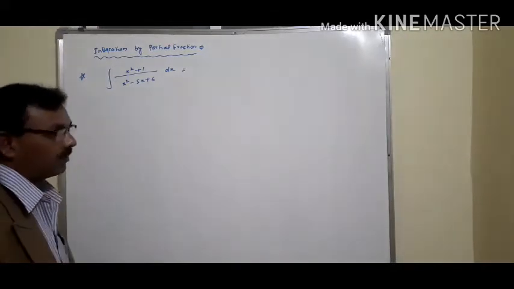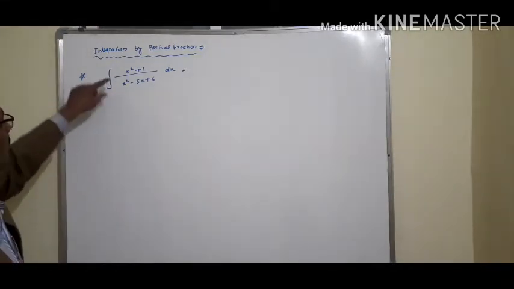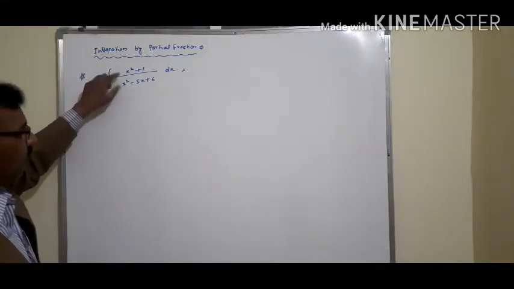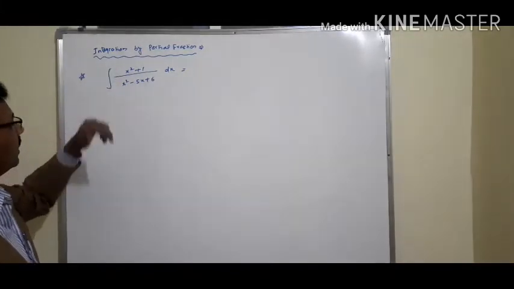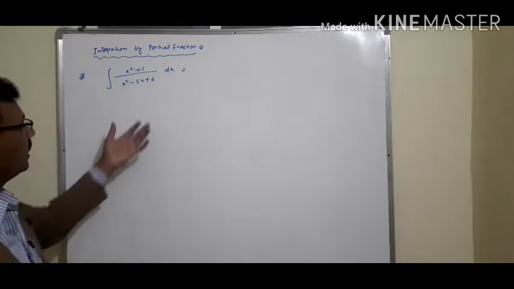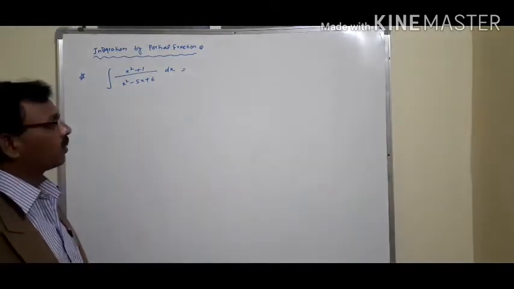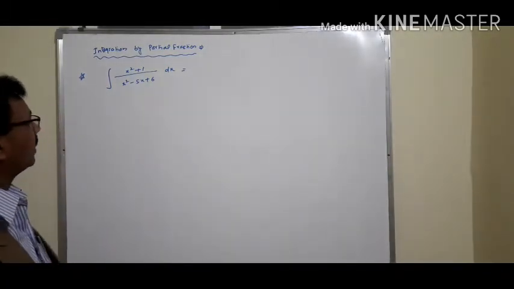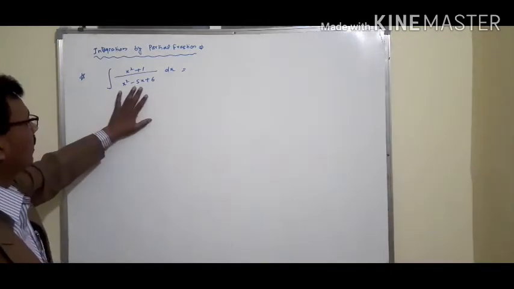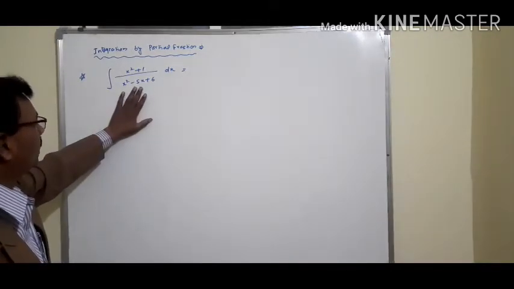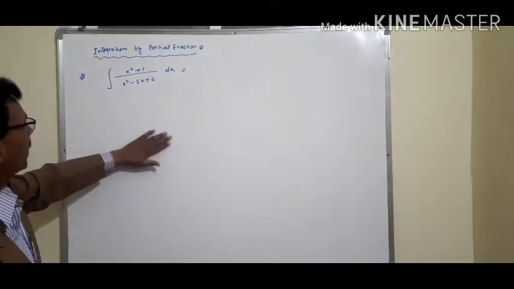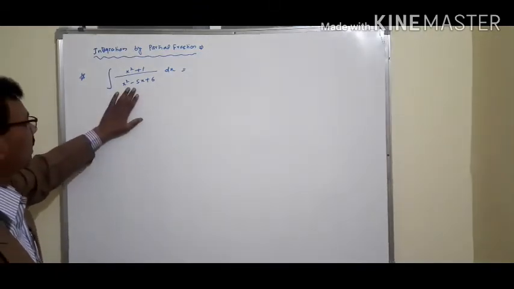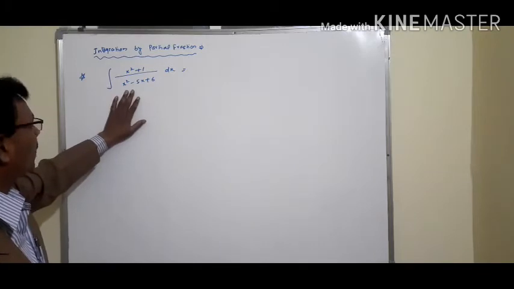If the degree of the numerator and denominator are equal, or the numerator's degree is greater, then this type of fraction is known as an improper fraction. In that case we can't find the partial fraction directly, so first change this fraction into a proper fraction.